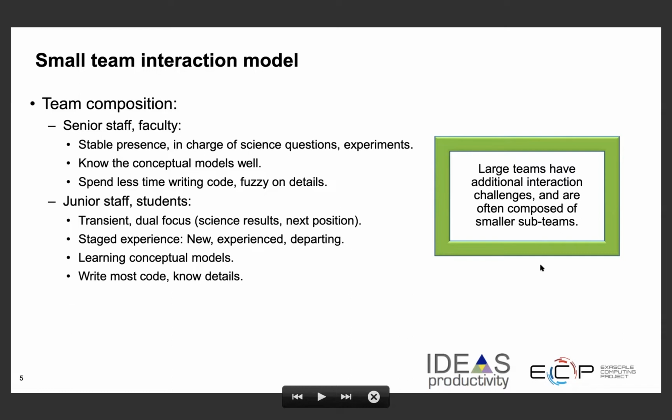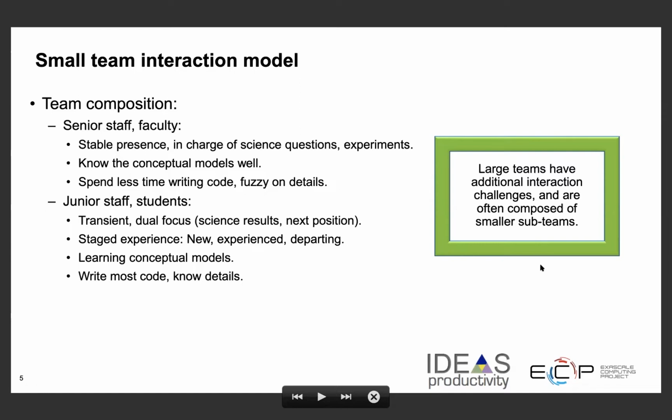The roles of the senior and the junior staff differ. The senior staff usually provides a stable presence. They are going to be around for a long time, sometimes for the whole length of their career if they are in an academic setting. The junior staff may be there for a shorter period of time, maybe until they complete their education. They may come and go more frequently.